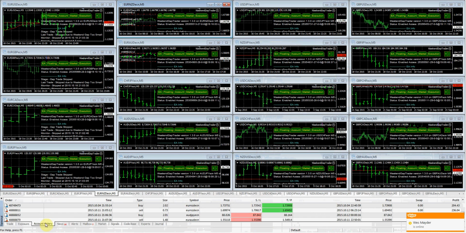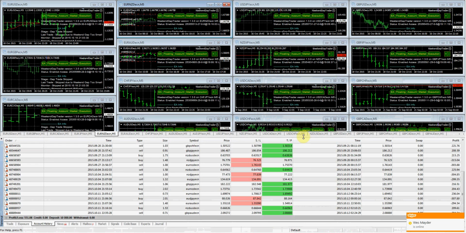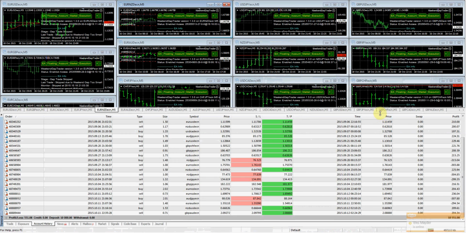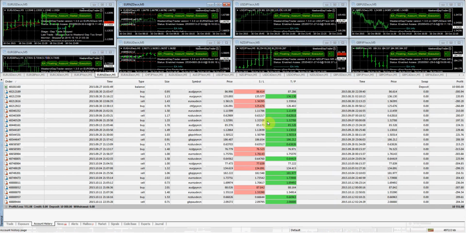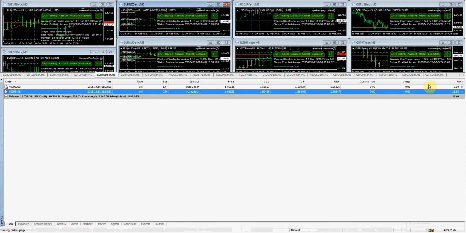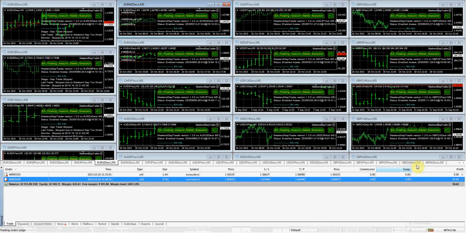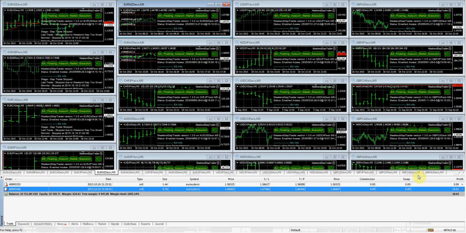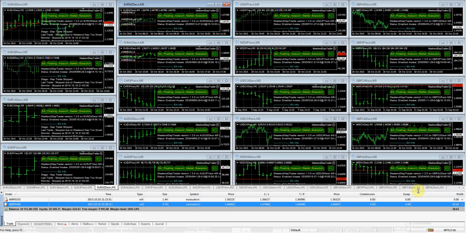All right, and we can take a look at the account history here as well. As you can see, we do have more green than red here, and we're currently up about $551 over this period of testing that I've been doing, and we still have 2 trades open. Hopefully these will close in profit here, but we can't be sure. We'll just have to be patient and see what the market does.